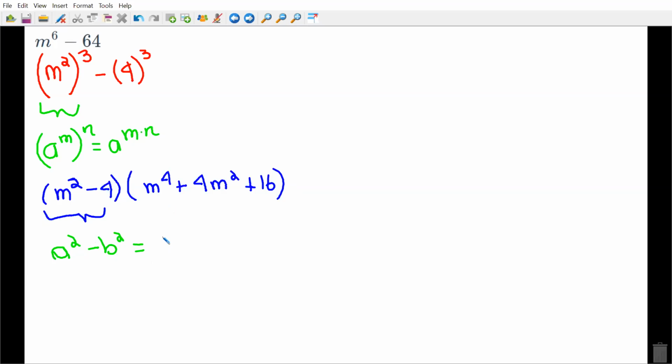So it's going to be m minus 2 times m plus 2. This is the factored form of m squared minus 2 squared, right? Ms. Morales, is it clear now? Yes, Mister. Perfect.